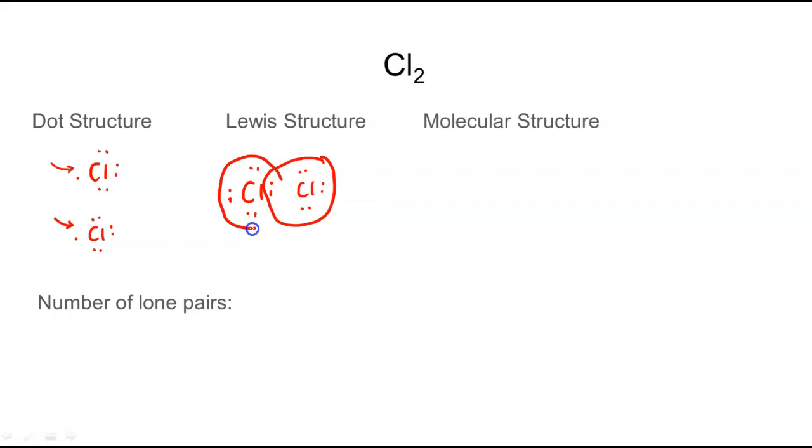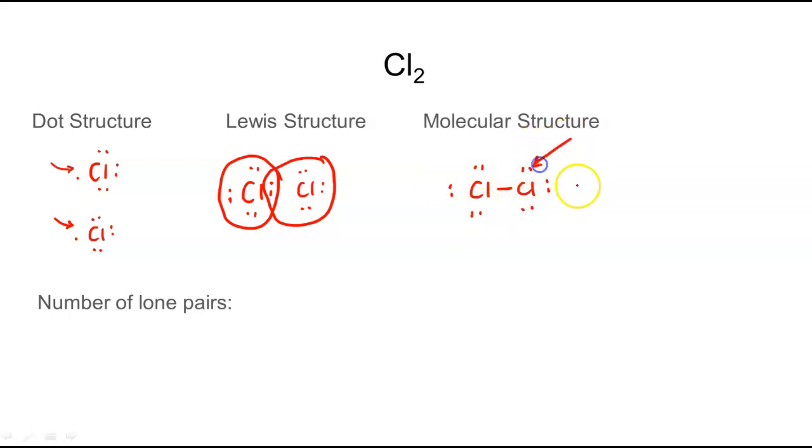And so remember, the magic number is 8. That allows these chlorines to each have 8 electrons because they share that one electron, which was that single electron. Now we're going to draw the molecular structure. Wherever I have 2 dots with 2 atoms attached to it, I'm going to draw a line, but I cannot forget what we call those other electron pairs, and we call those lone pairs.